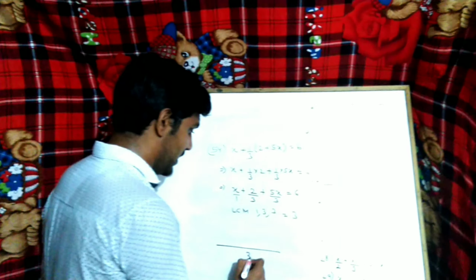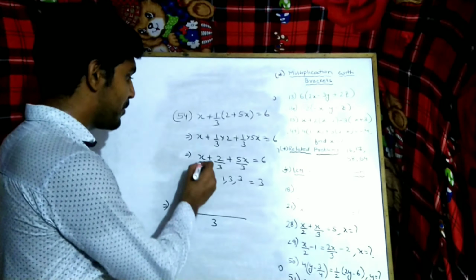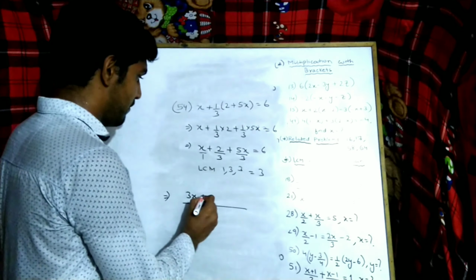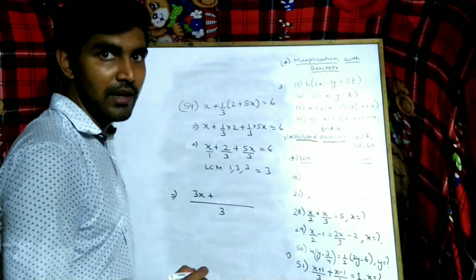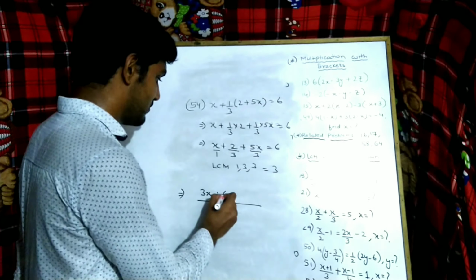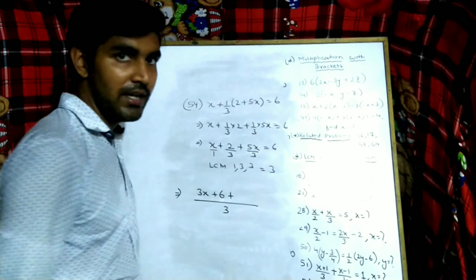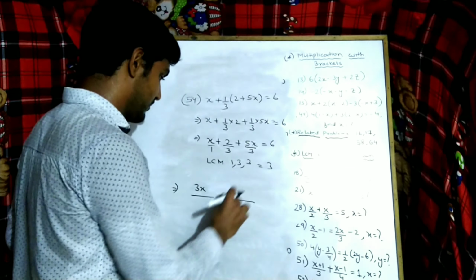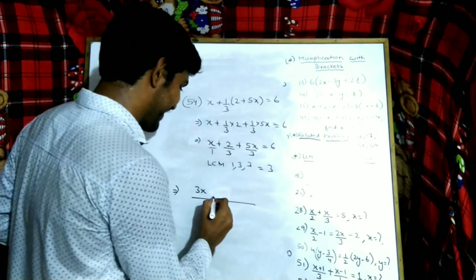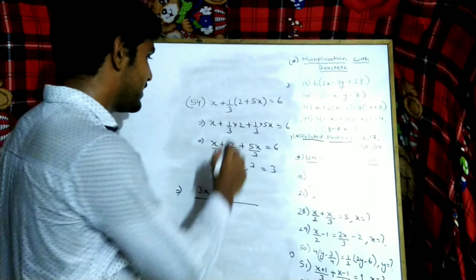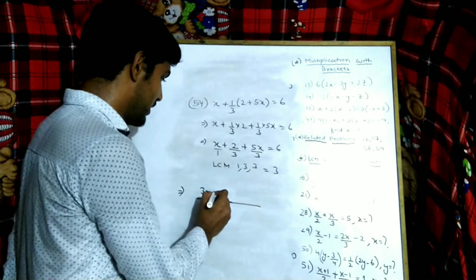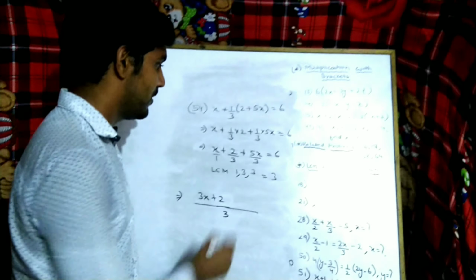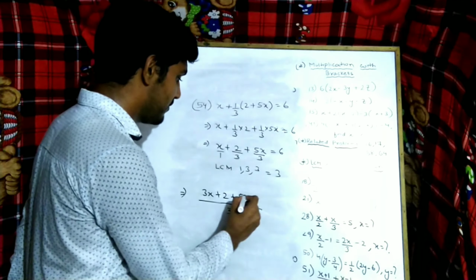Now I am writing 3. Now 3 divided by 1, 3, 3 into x, 3x. Plus 3 divided by 3, 1, 1 into 2, it comes 2. 3 divided by 3, it comes 1. 1 into 5x, it comes 5x.